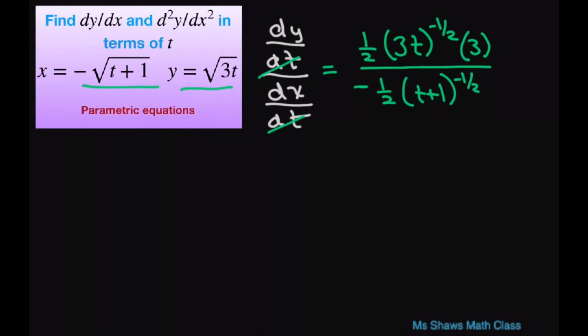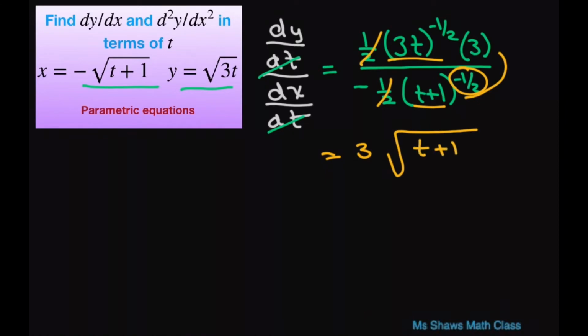All right, so basically the 1/2s cancel, and you're going to get 3. And I'm going to flip these two because they have the negative exponents. So this is going to be 3 times the square root of t plus 1 divided by 3t.